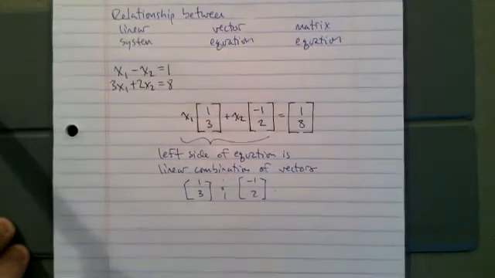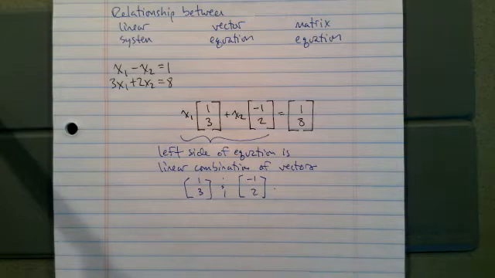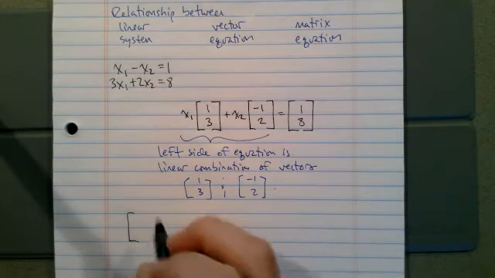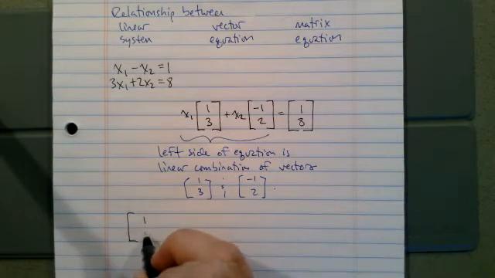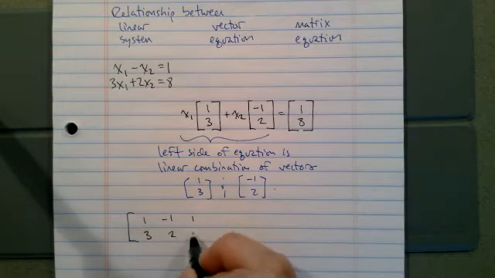Because the linear system and the vector equation both correspond to the same augmented matrix. So the augmented matrix is still, by columns, 1, 3, negative 1, 2, 1, 8.